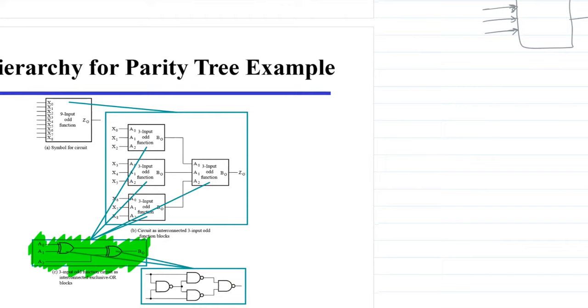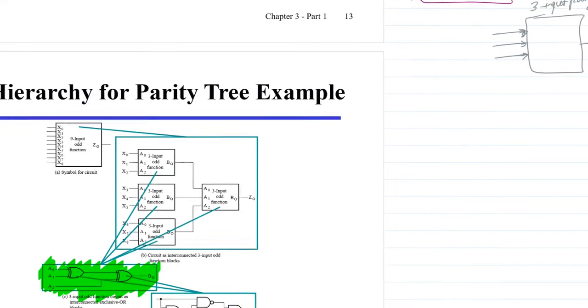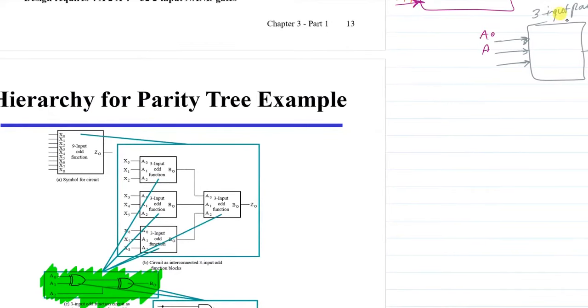If you call the inputs to the parity tree A0, A1, and A2, and call the output B0, you can indeed find the relation between the inputs and the output.